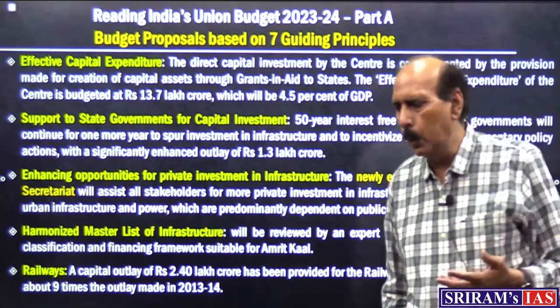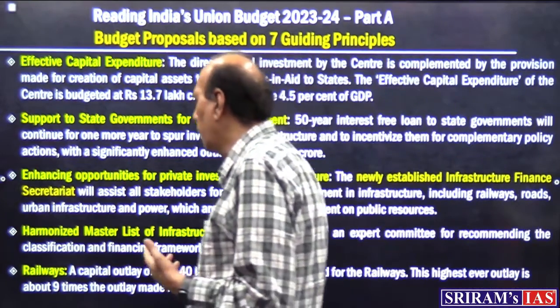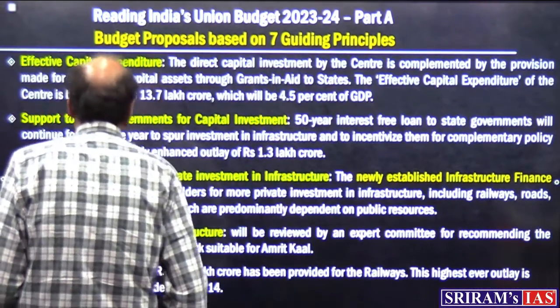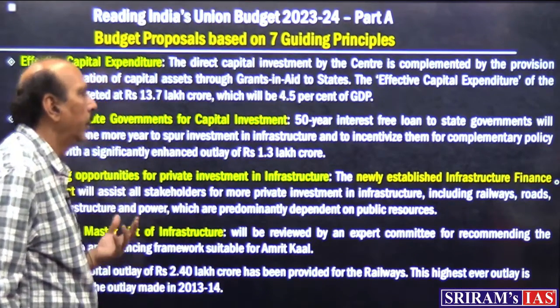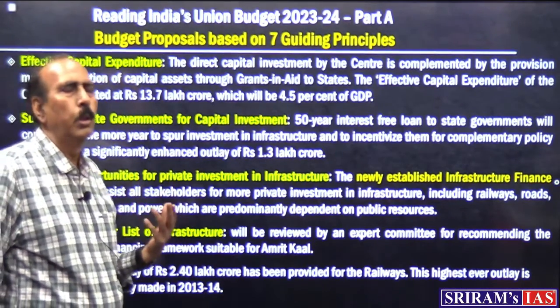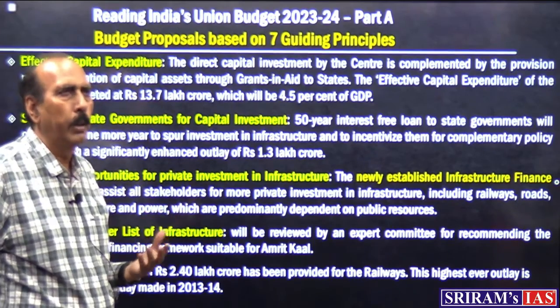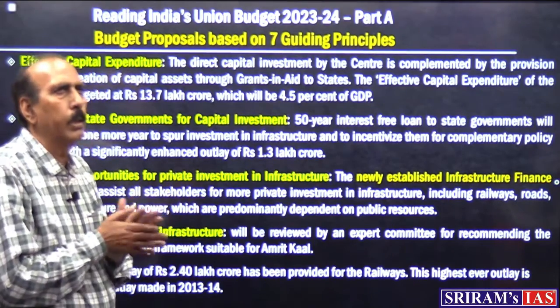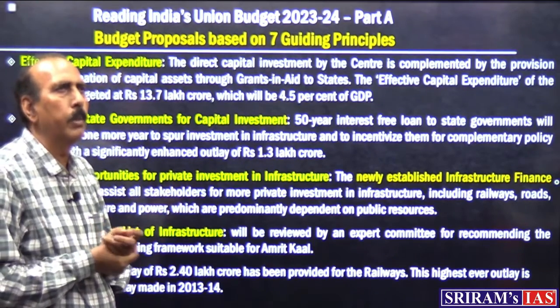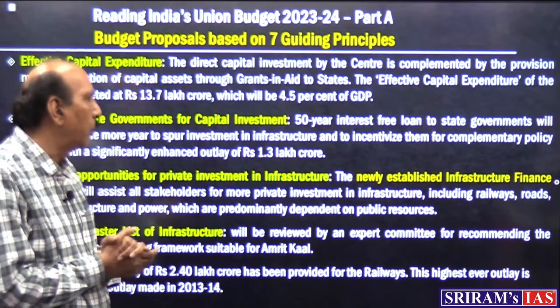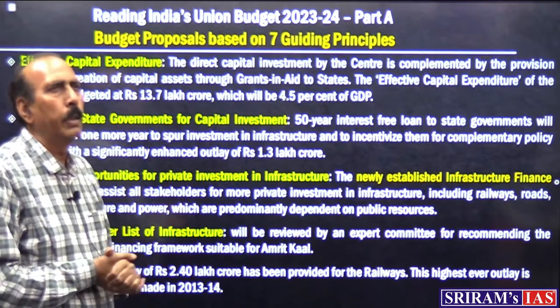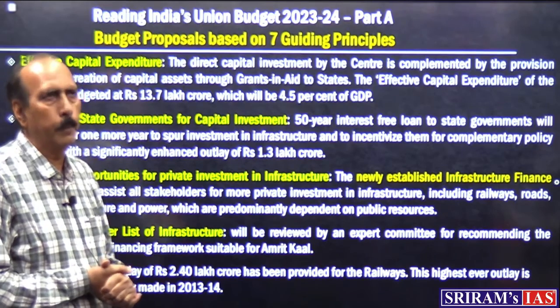The government is also trying to find out how much of the grants given by the center to the states is used for creation of capital assets. And if we add all these together, we find that the government is going to spend 4.5% of GDP in the form of capital expenditure this year.